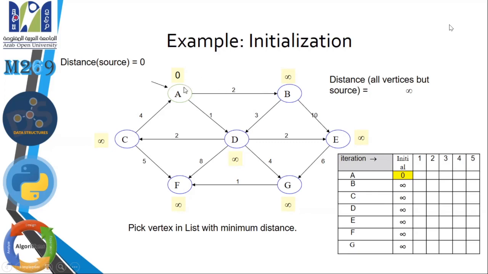So now, from A to B, it will take 2 hours to reach there. Which one is smaller, 2 or infinite? The 2 is smaller. So now I will delete that one and just say 2.